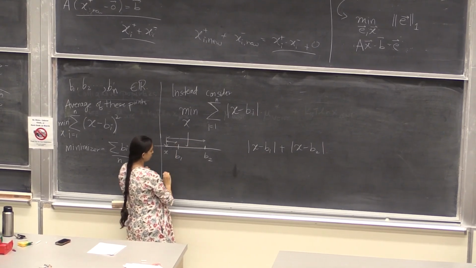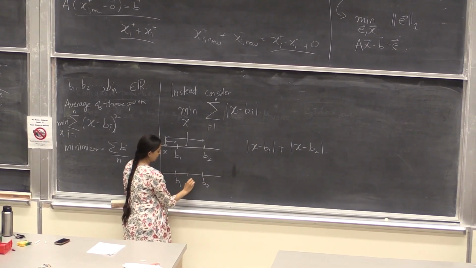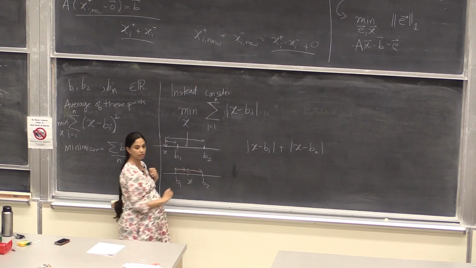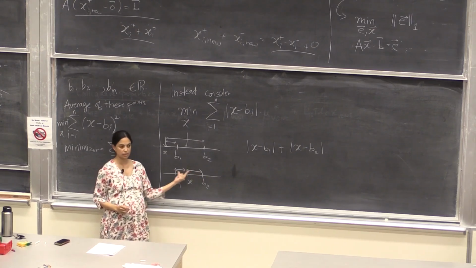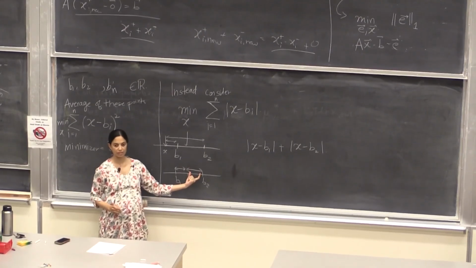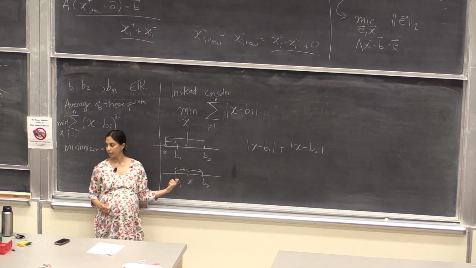If I have x somewhere here, let's say I just draw this again, and this is my x. Well, then I'm looking at the gap from here to here and the gap from here to here, right? So I have this distance plus this distance. What is this plus this always equal to? b2 minus b1, right?